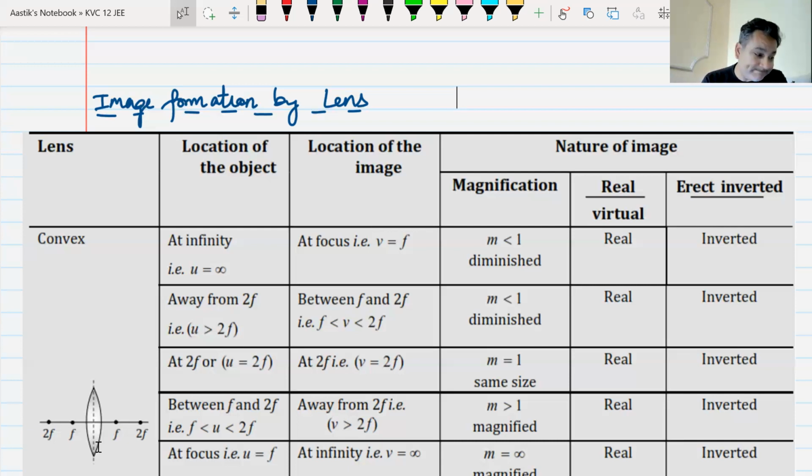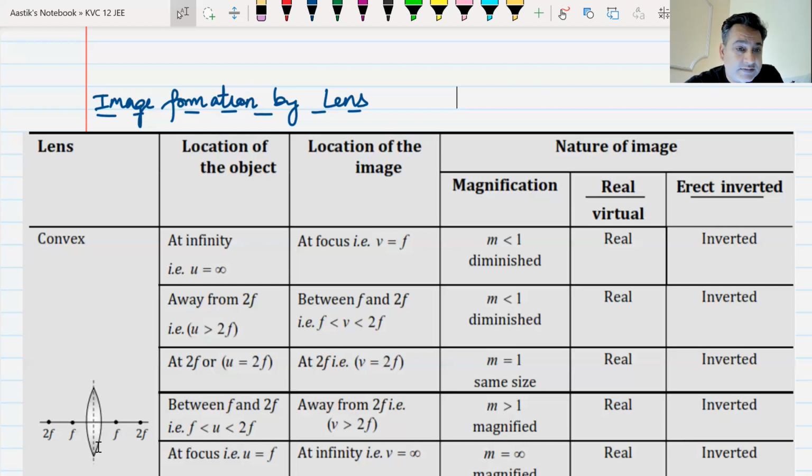Extend the class. Okay, you want to see a ray diagram? Not a problem, I can draw a ray diagram. That does not hamper anything. The only thing is you will spend more time in doing things which are not required.